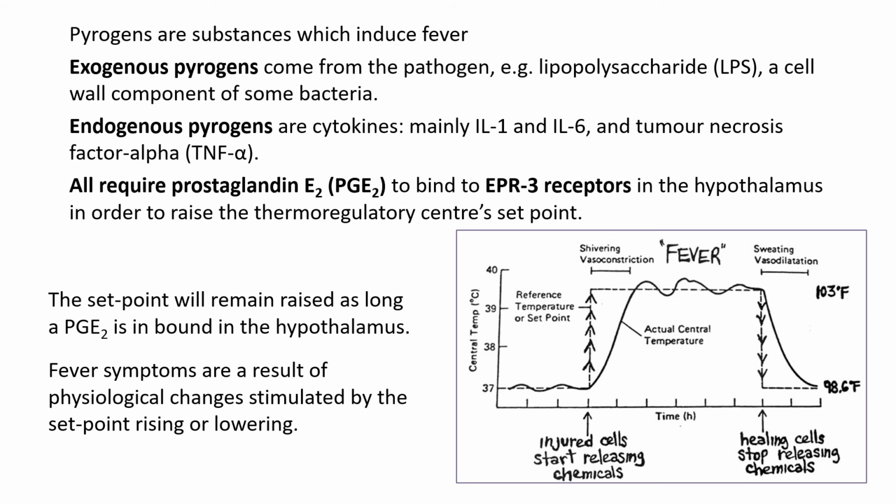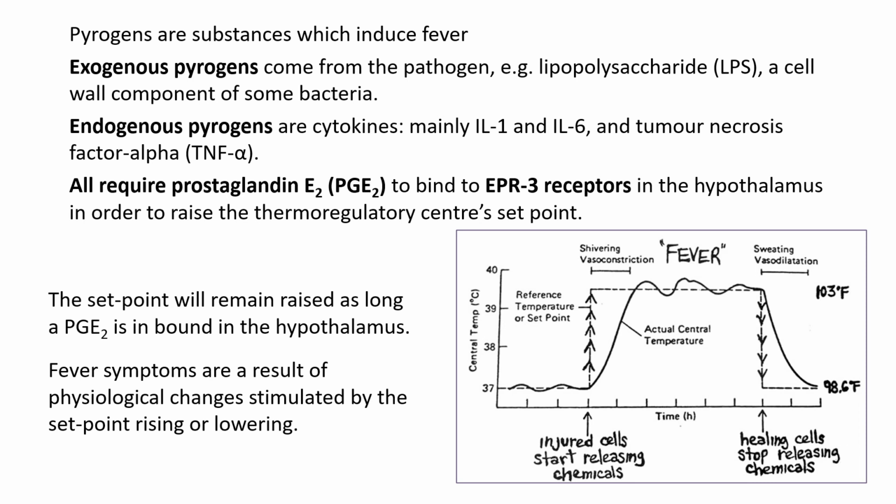Then we meet the new set point, everything settles down. As soon as PGE2 is not bound to the EPR3 receptors, the set point comes down. So this might be that the whole situation is resolved. It might be that we've taken some ibuprofen or paracetamol and brought it back down because we've got rid of PGE2 and it's no longer bound. So we bring that set point back down.